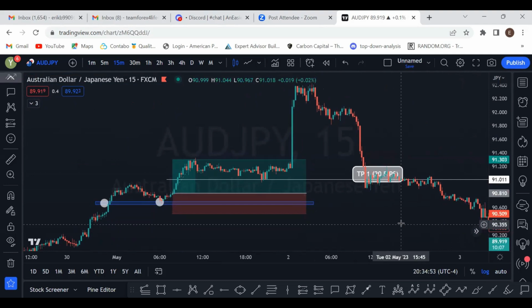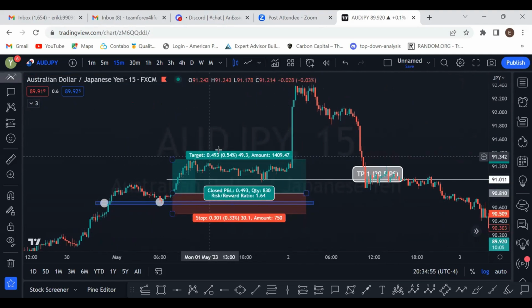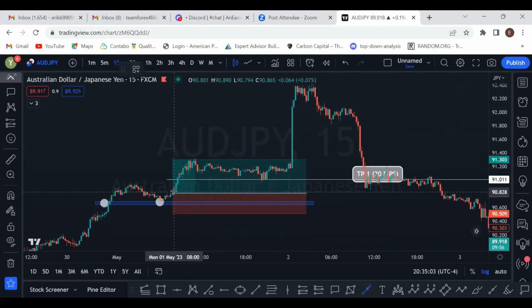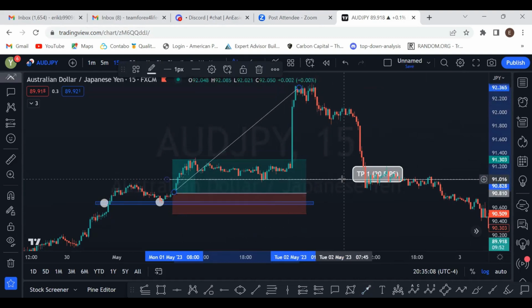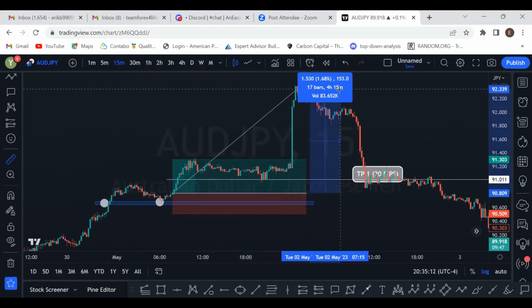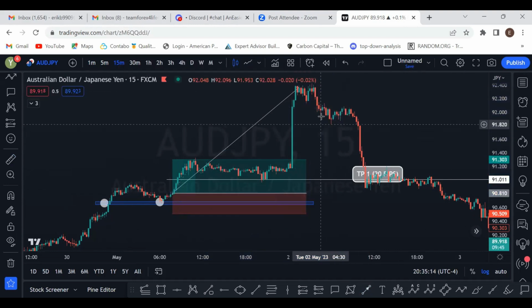We have one trade still open. When I add up my pips, I say potential net pips. The reason is, if I call this trade here and it goes up here, from here to there is 151 pips.